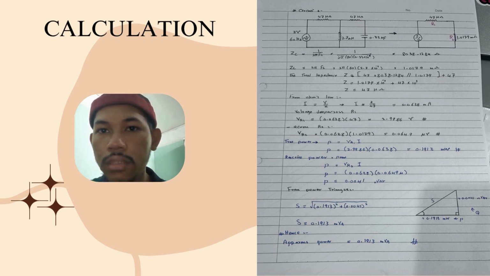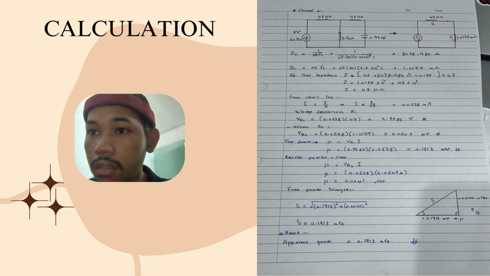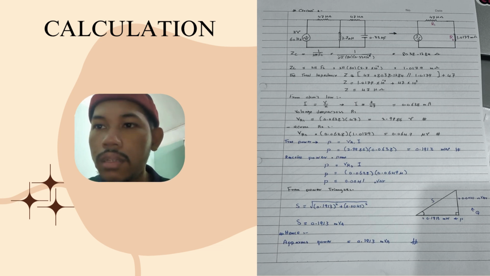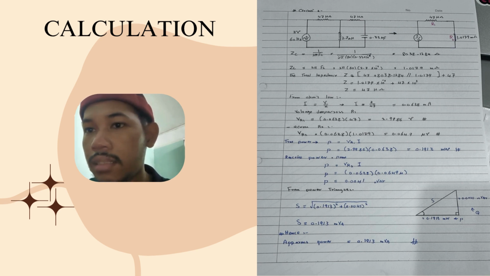Then step 5, voltage across resistors. For VR1, the equation is the value of current times the value of resistor. So 0.0638 times 47k equals 2.9986 volts.